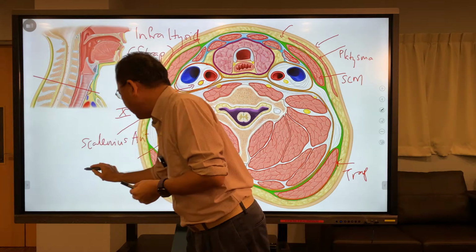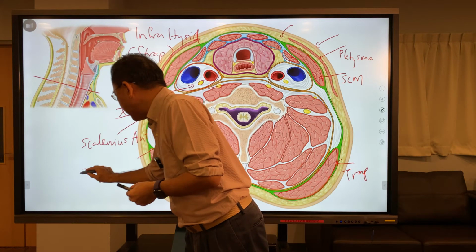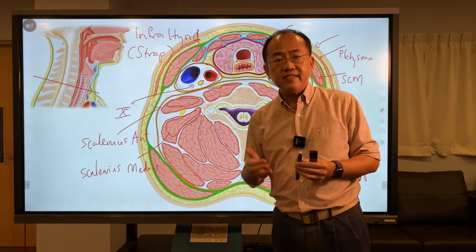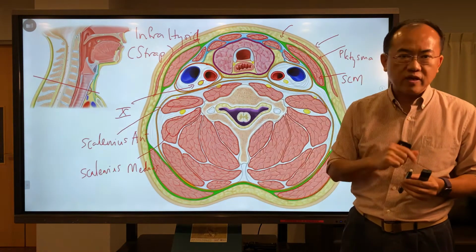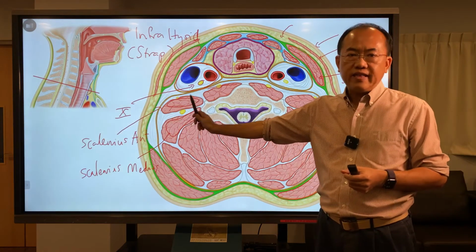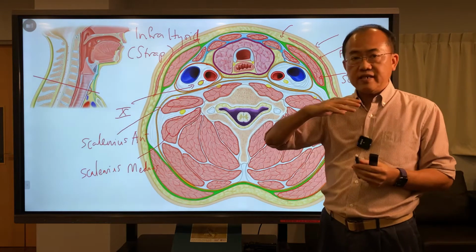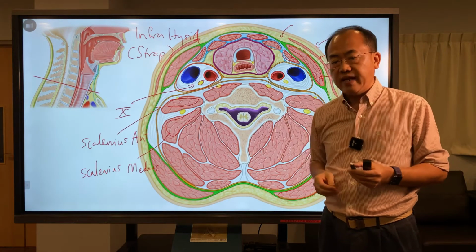We call this the scalenus anterior. There's another scalenus behind the medius known as posterior, but don't bother about that. You just have to recognize anterior and medius. I'll show you the anterior and medius later on from the front and the side.